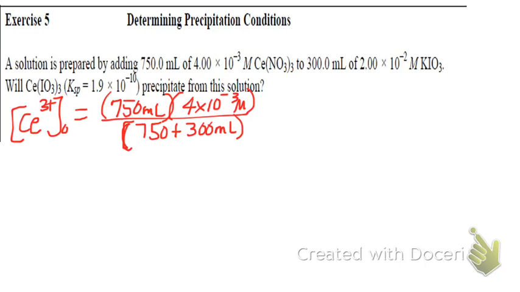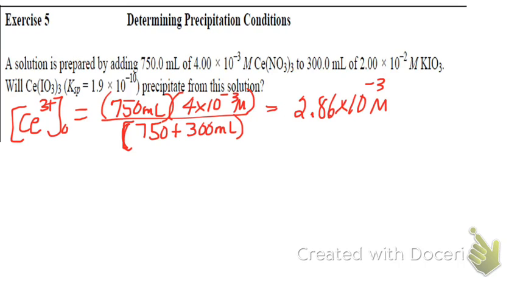Normally when we do volume times molarity, we need it in liters, but because we have milliliters on the top and milliliters on the bottom, they cancel out, so you don't have to. That's the concentration at the reaction. I don't know why it's there, just leave it. So that gives us 2.86 times 10 to the negative 3 molar.